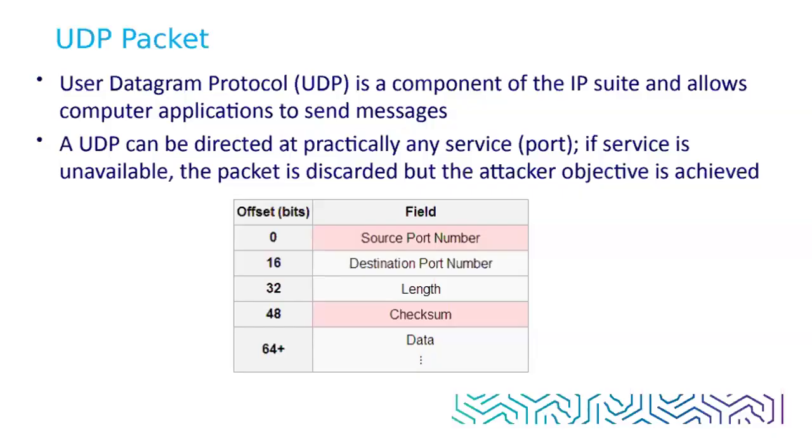Even when no application is listening on a destination port, the operating system must still process each packet and often generate an ICMP destination unreachable response. This unnecessary processing consumes CPU, memory, and network resources, eventually degrading or denying the service to legitimate users.